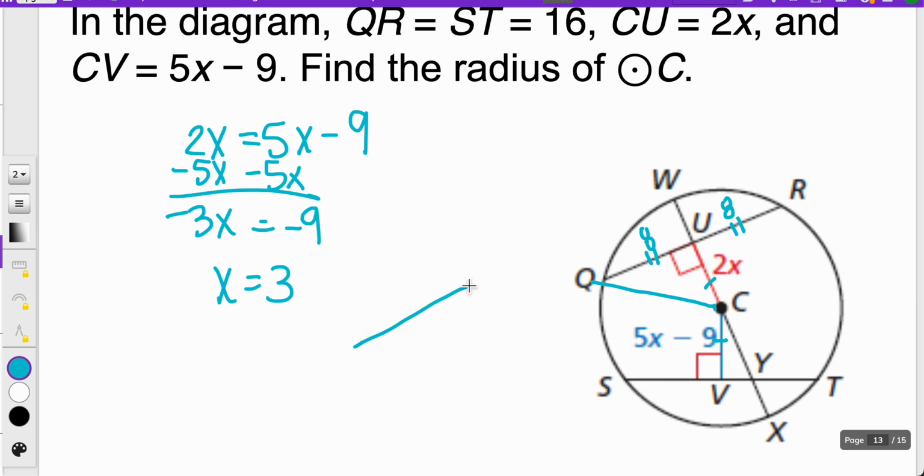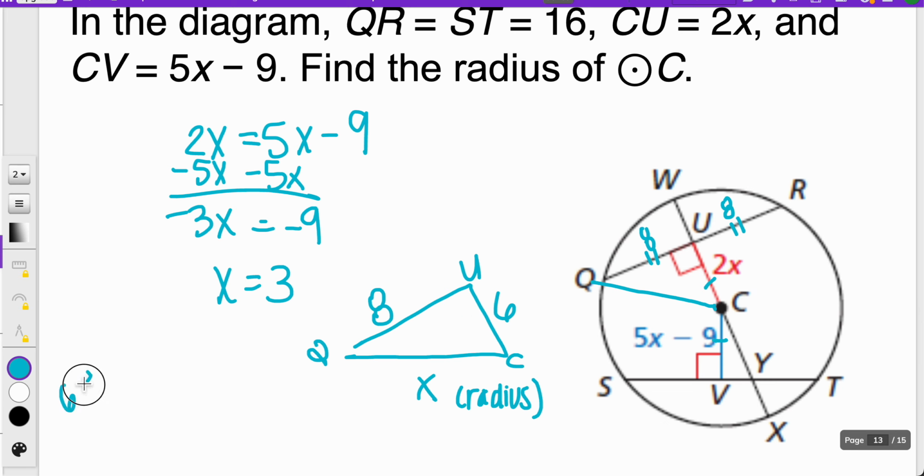So I'm going to just enlarge that real quick. So here's point C, here's point Q. We already know this is 8, here's point U, and then 2 times x, or 2 times 3 is 6. So we're just trying to figure out what this guy is. Then this will tell us what our radius is, because it's going from point C to point Q, so that's the center to the edge.